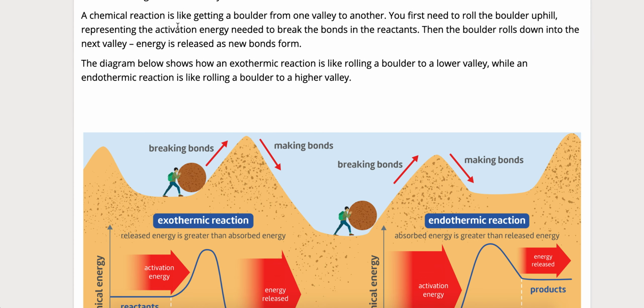A chemical reaction is like getting a boulder from one valley to another. You first need to roll the boulder uphill, representing the activation energy needed to break the bonds in the reactants, shown by this component here. So rolling the boulder uphill is the activation energy, the energy that's required to start the reaction.